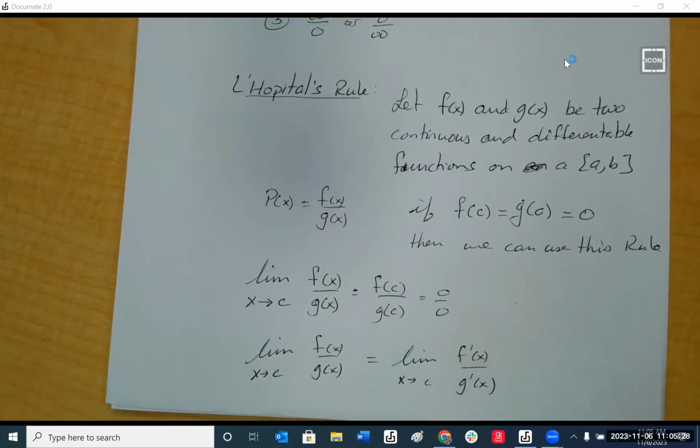And as long as we keep on getting 0 over 0, we can keep on taking the derivatives of the functions until either the top or the bottom is no longer 0.